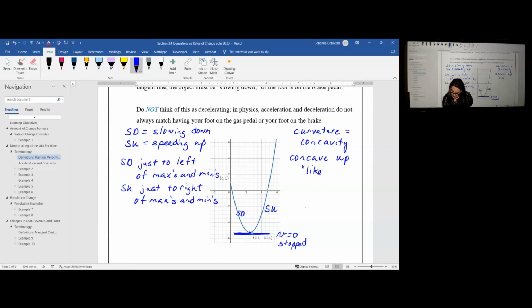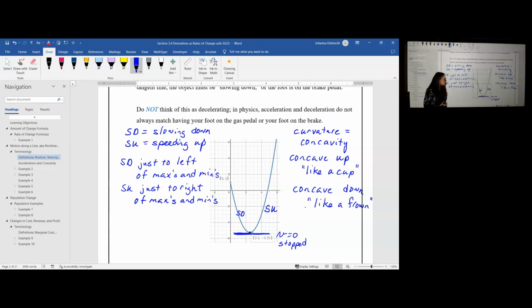When it is curved down, we say it is down like a frown. In this case, this curve is always concave up. This gives you a way to remember which one is which. The concavity is actually telling you about the acceleration.